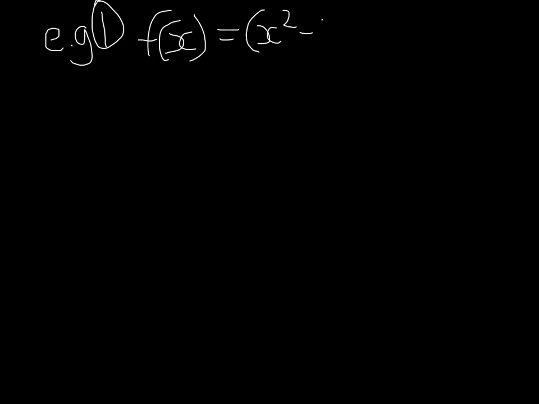Example 1. F of x is equal to x squared minus 1 times x plus 5.